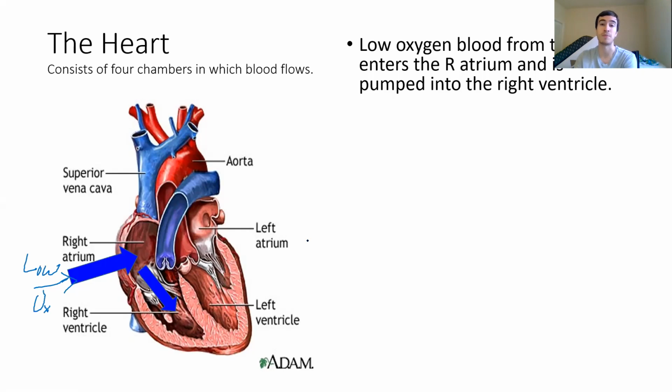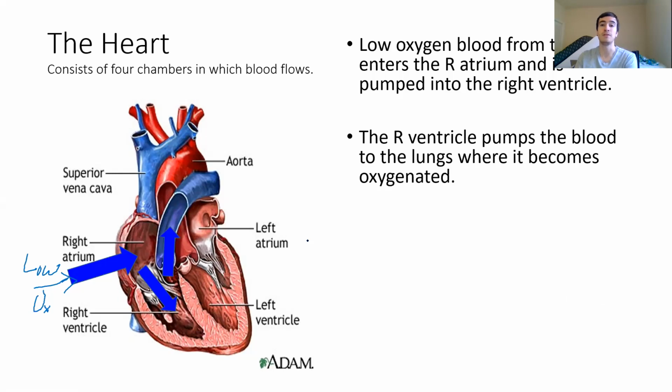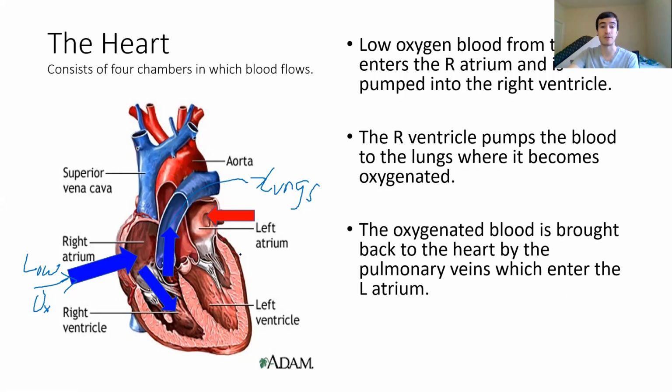Once our blood gets pumped into the ventricle, the next beat will pump that blood out of the heart, out to the lungs. So this big tube right here is going to the lungs. After it goes to the lungs, it then gets brought back to the heart, and it enters into the left atrium.